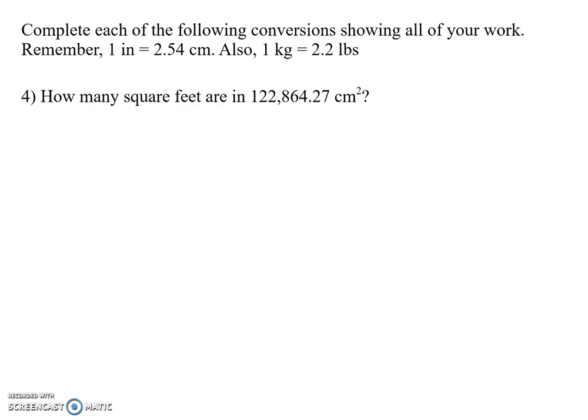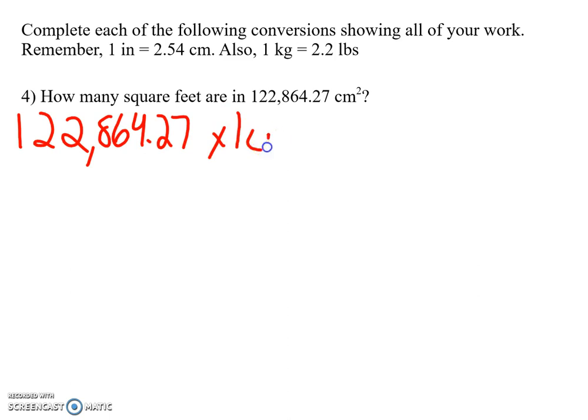So let's think about then when we want to get square feet out of these square centimeters. So I have 122,864 and 27 hundredths times 1 centimeter times 1 centimeter. And I need to get to feet.